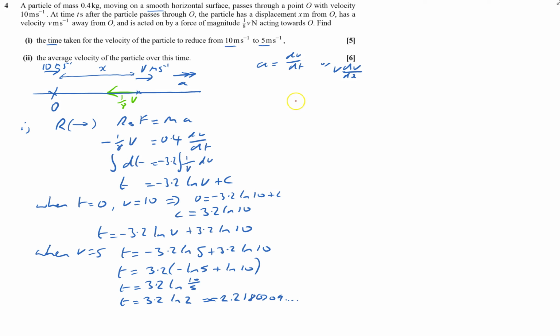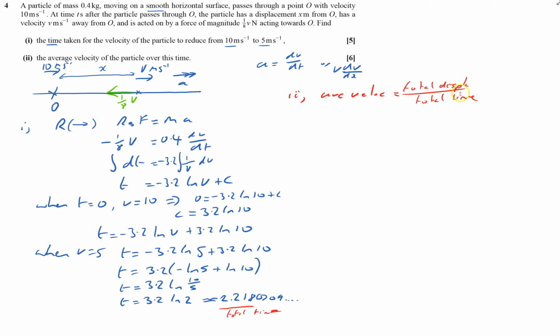I'll do the second part in red up here. And what have we got now? We've got to work out the average velocity. So the average velocity equals the total displacement divided by the total time. And I've just worked out the total time, 2.218.